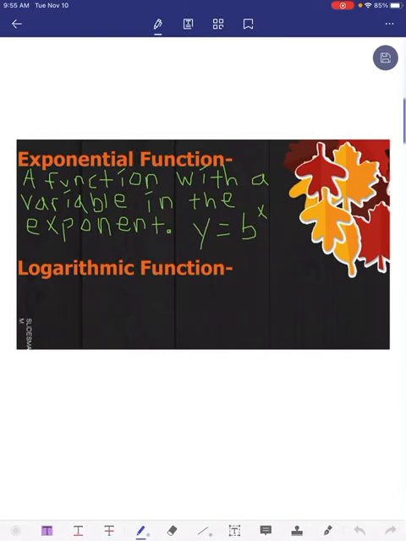So remember that our logarithmic function is going to be the inverse of an exponential function.